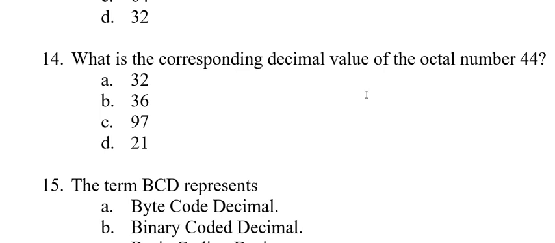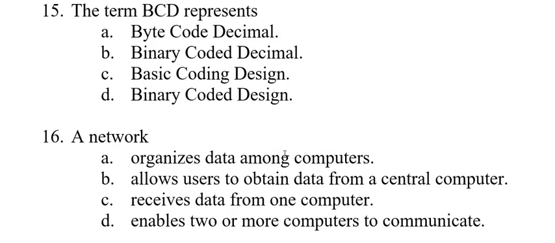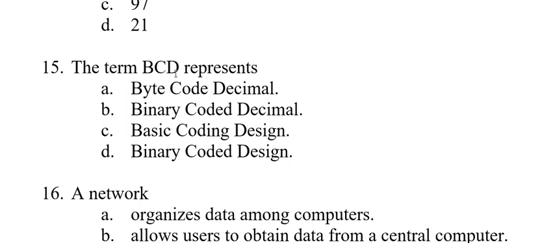What is the corresponding decimal value of the octal number 44? Okay, so the answer here is 36. Okay, so that's the answer for number 14. Okay, number 15. The term BCD represents binary coded decimal.